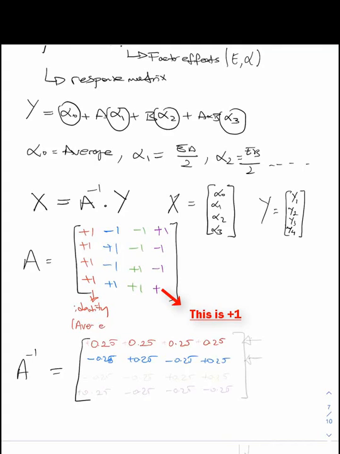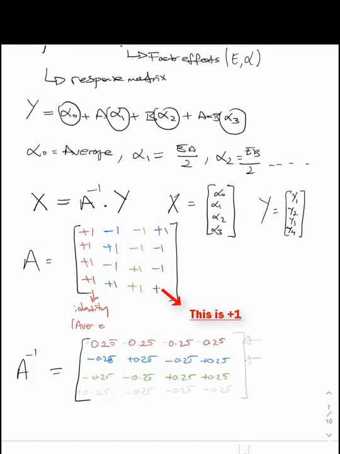And my third column is going to become my third row, so that will be minus 0.25, minus 0.25, plus 0.25, and plus 0.25.